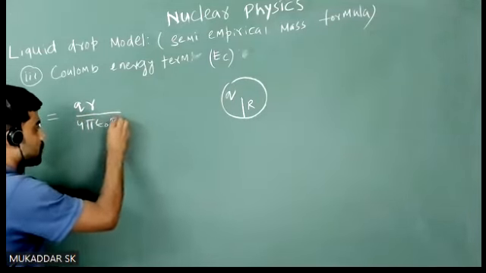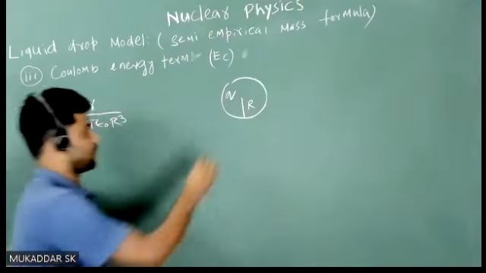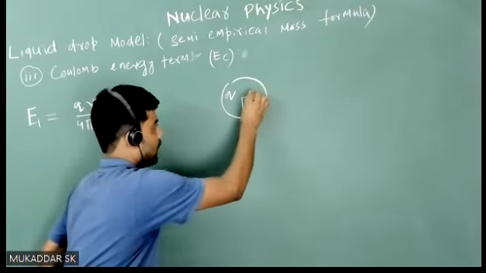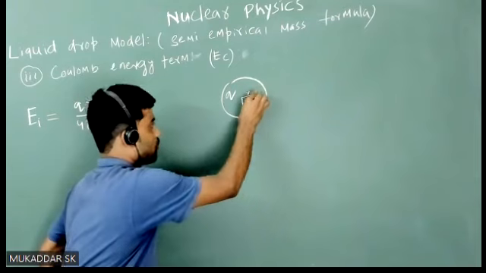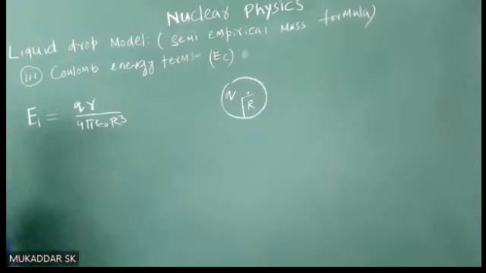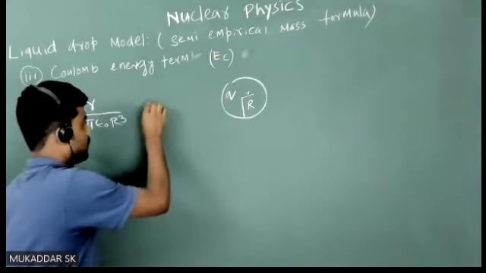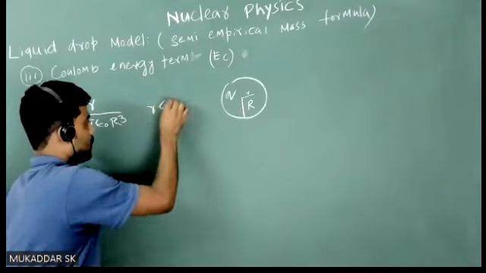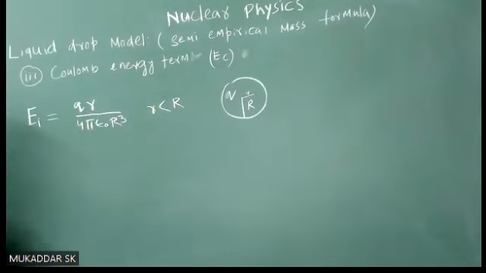R cube. So I'm looking at the electric field at some point inside, where the distance of the point from the origin is smaller. So the nature of the electric field will be like that. You know from basic theory of electricity, this holds when r is less than the radius of the sphere.